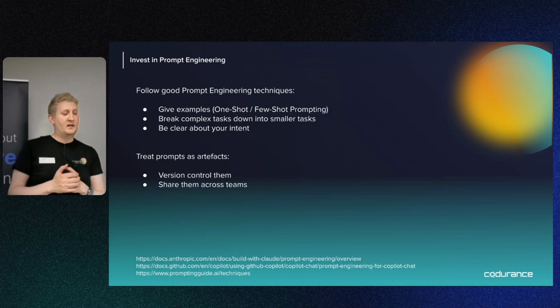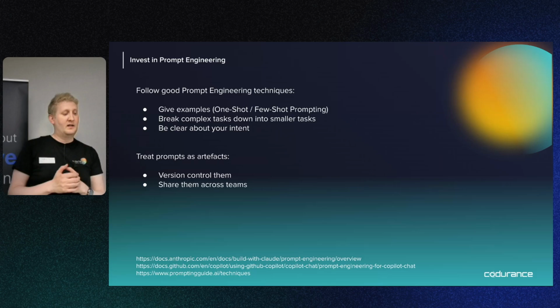Because you're opening a large window for the LLM to make assumptions about what's right for you, and chances are it won't be making the right trade-offs for your particular situation. So the more guidance you can give in your prompts, and the more examples, whether using one-shot or few-shot approaches, the more it helps you stay in control and refine the quality of the output the LLM can provide.